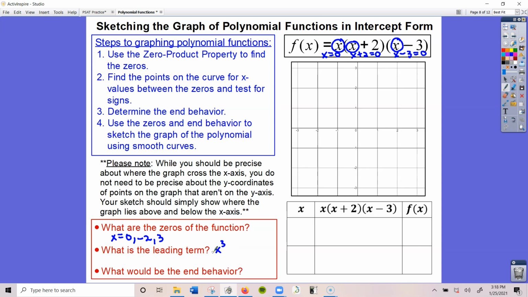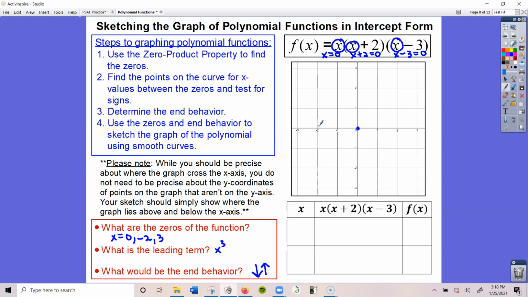Based on this leading term, since the leading coefficient is a positive 1, that means that the right side will go up. Since the exponent is odd, the left side goes in the opposite direction, so down. So now how do we graph this? The first thing we could definitely do is plot these x-intercepts, since those are coordinates that I know.